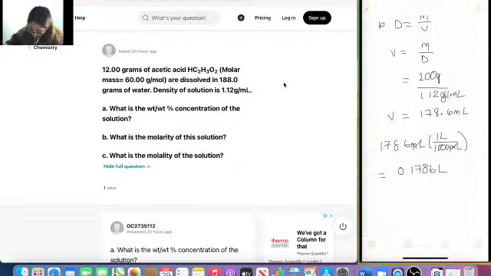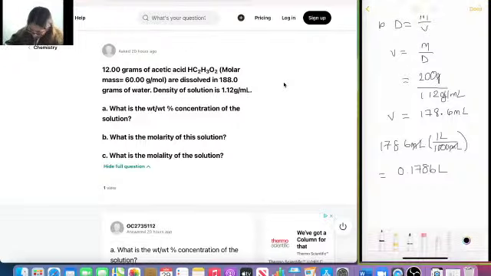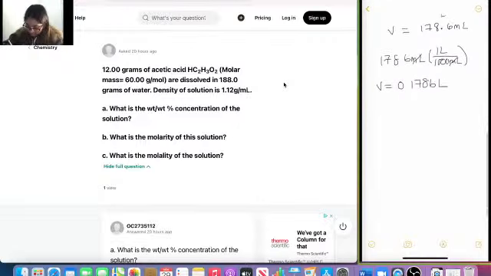So this is our actual volume. Now what we have to do is compute the molarity.